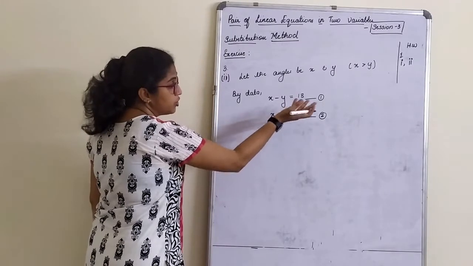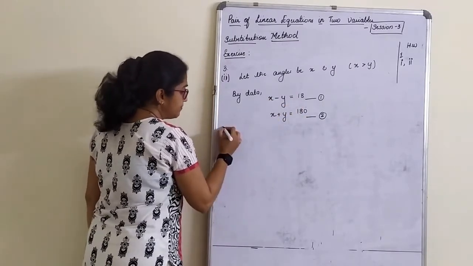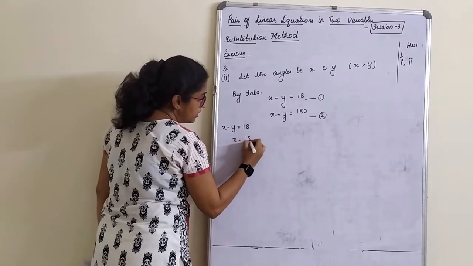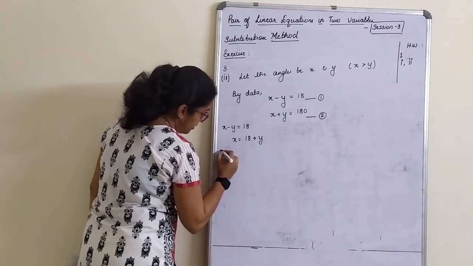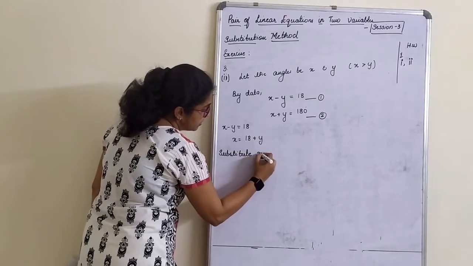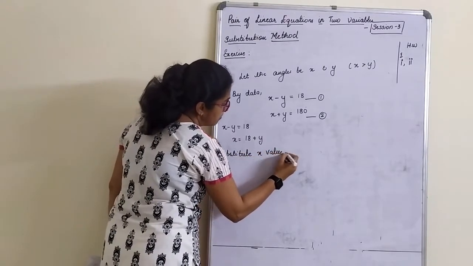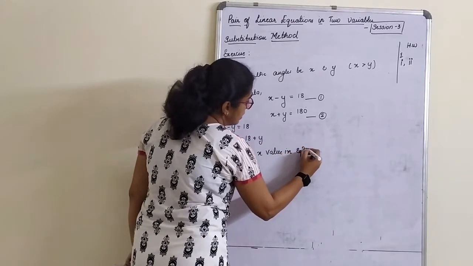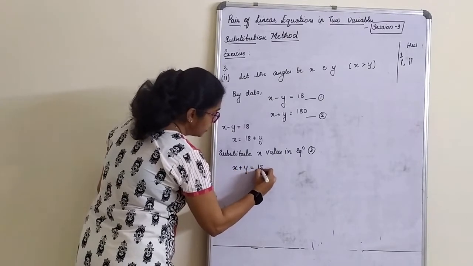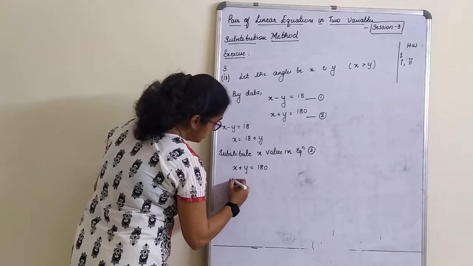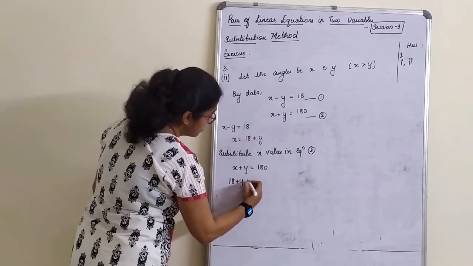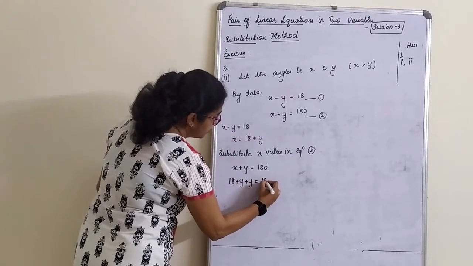So let's use the first one. x minus y is equal to 18. x is equal to 18 plus y. Substitute x value in equation 2. So what is equation 2? x plus y is equal to 180. So x value is 18 plus y, so 18 plus y plus y is equal to 180.